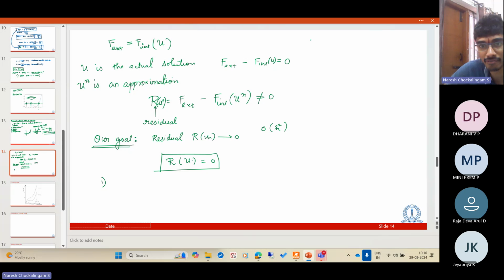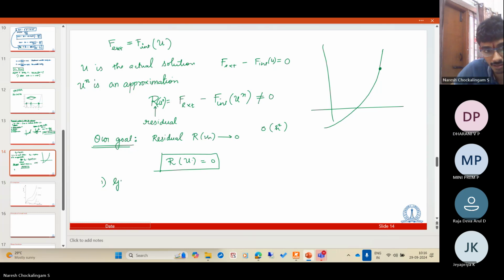So look at the graph. We have a nonlinear function, and we have to start with some point, right? So you have to make a guess. Start with a guess u0. Draw a tangent there.